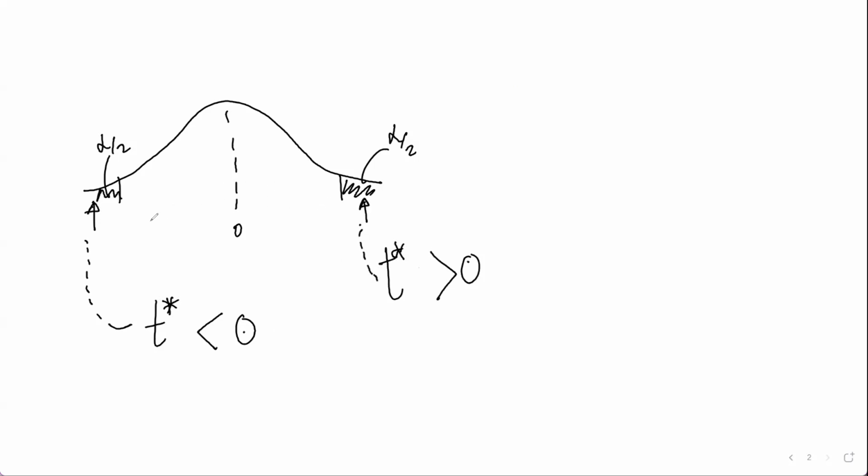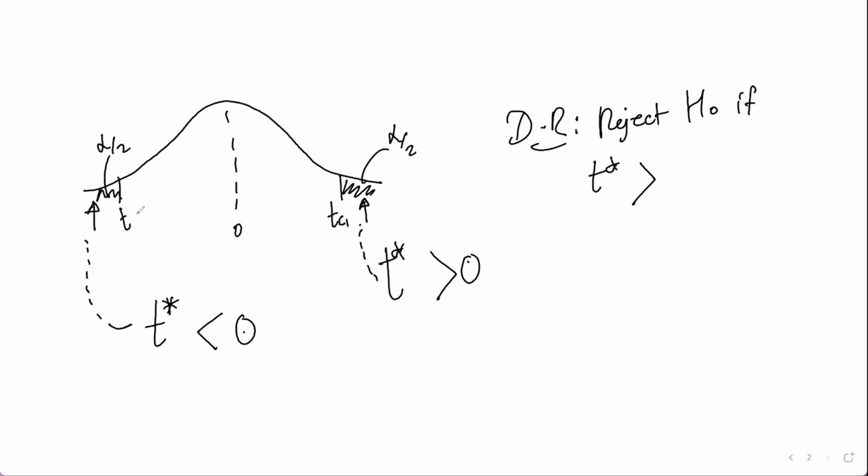So actually the decision rule is reject H naught if T star is greater than, let's say, T critical 2, or less than T critical 1. Just because of the symmetry, T critical 1 is equal to negative T critical 2. Just have this notation for the moment.